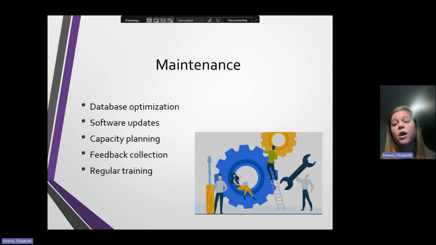The database software will be kept up to date with the latest patches and updates to benefit from improvements in functionality, security, and performance. We will monitor database growth trends and plan for increased storage or performance requirements. We will establish mechanisms for collecting feedback from users and administrators to identify areas for improvement and address any user concerns promptly.